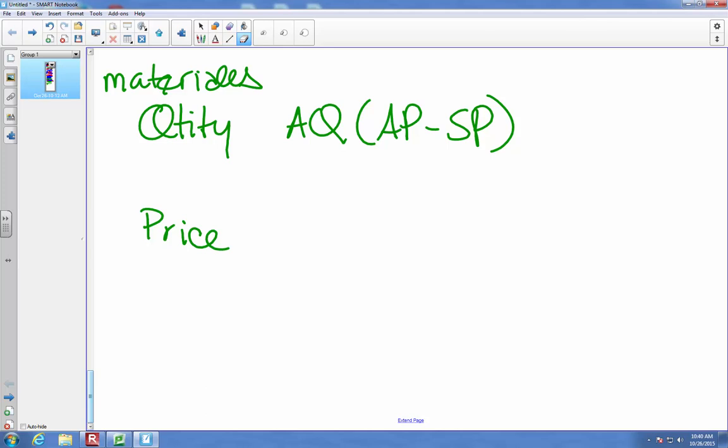This hopefully isn't going to make a ton of sense quite yet, but this is the only variance where you have a different AQ between these two formulas. The quantity here is how many materials you used.